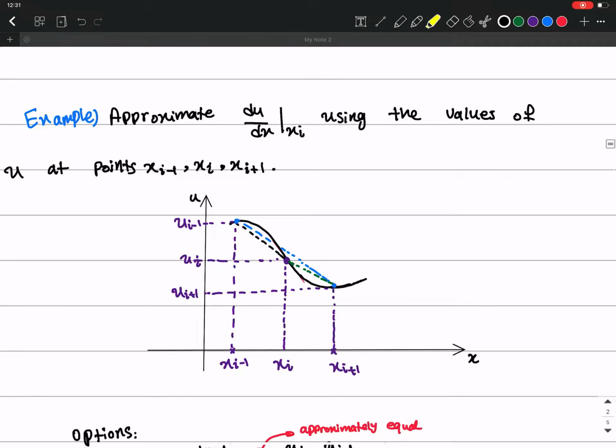Then we solved two examples of finite difference approximation. If you are to approximate a derivative using discrete values at some points, what are you going to do?